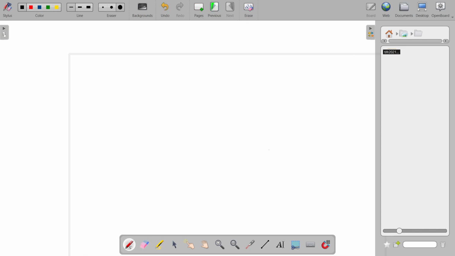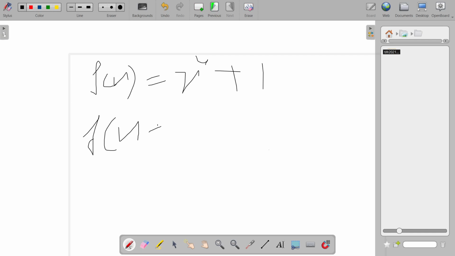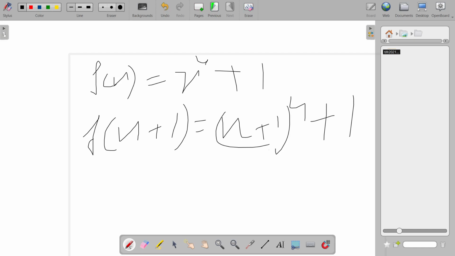So basically we have our f of x to be x to the power 4 plus 1. We want to show that f of x plus 1 is irreducible, which will be x plus 1 to the power 4 plus 1. If this thing is irreducible, then f of x will be irreducible in Q[x]. And so there won't be any non-zero proper T invariant subspace.